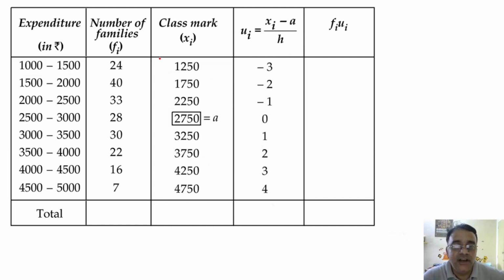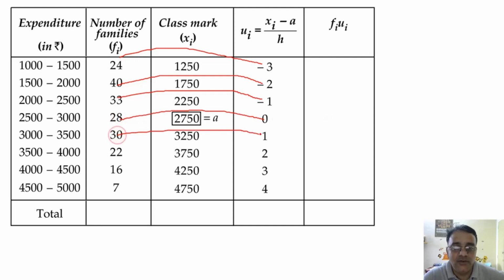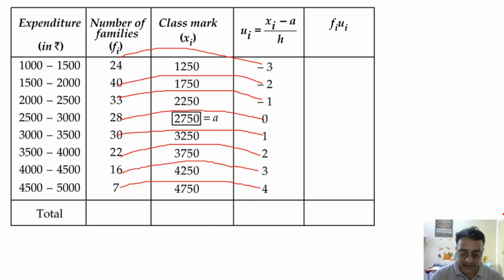Right, now F into U. First 24 into -3 is -72, 40 into -2 is -80, 33 into -1 is -33, 28 into 0 is 0, 30 into 1 is 30, 22 into 2 is 44, 16 into 3 is 48 and the last one 7 into 4 is 28.